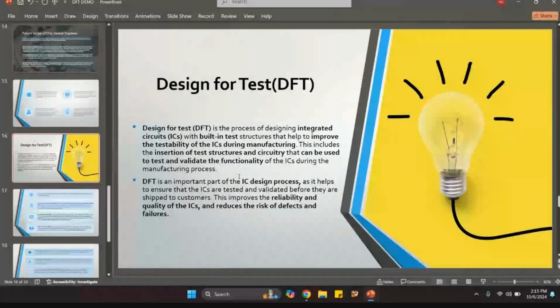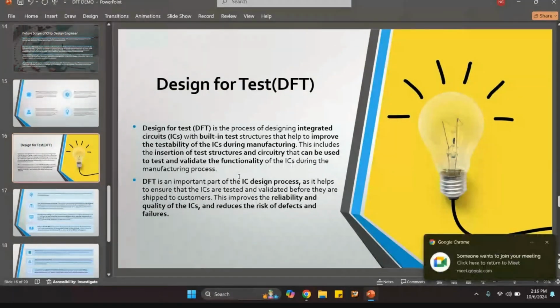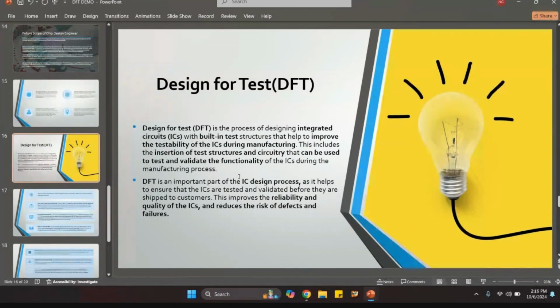So to avoid that money loss, many engineers contributed design for test features, and they gave the confidence to the manufacturers that the test structures we integrate into the design will help identify any kind of manufacturing issues during the process of manufacturing and post manufacturing also, which will reduce the bad IC count.